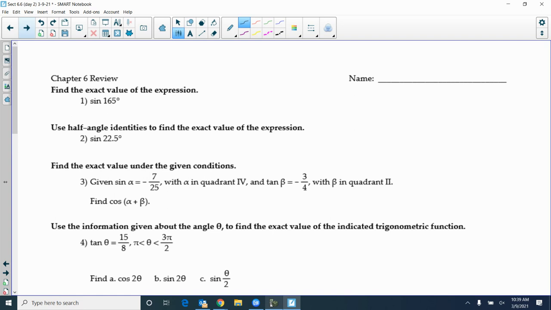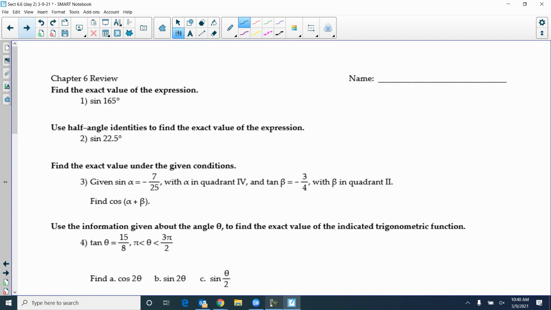I don't know why they equal each other, but that's how he got it.